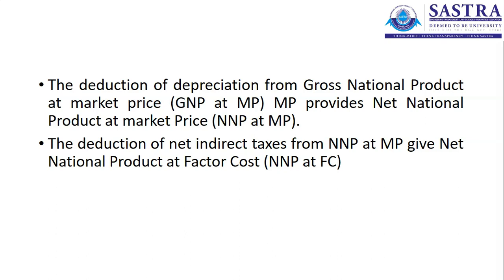Finally, there are deductions of net direct taxes and net indirect taxes from the net national product at the market price. It gives the net national product at the factor cost.